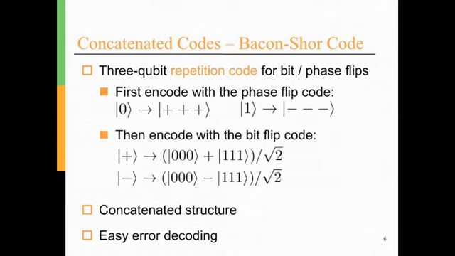Concatenated codes: perhaps the simplest example of a concatenated code is the Bacon-Shor code, which is the quantum analog of the classical repetition code, where we encode each bit 3 times, and then we use a majority vote to decide whether we encoded 0 or 1.